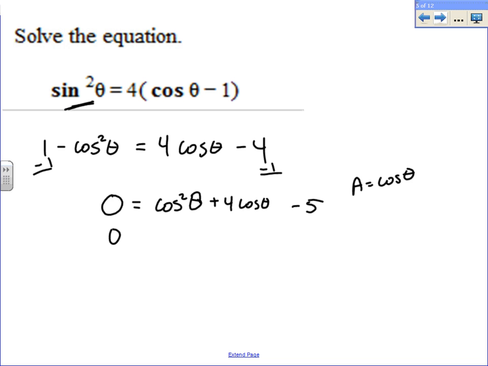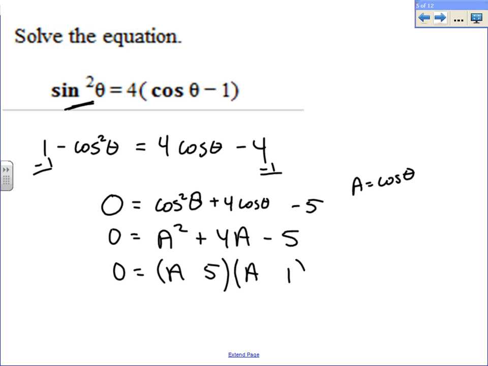There again, you don't really have to use this substitution, but it does make the problem easier to do. Now factors of 5 that subtract to give me 4, that's pretty simple, don't have to even split it. That would be 5 and 1, didn't have a coefficient like I had earlier. And so my signs are different, it's going to be plus 5 and minus 1 here.